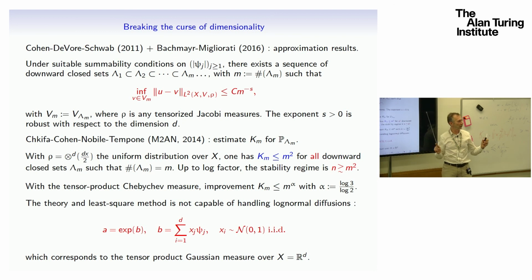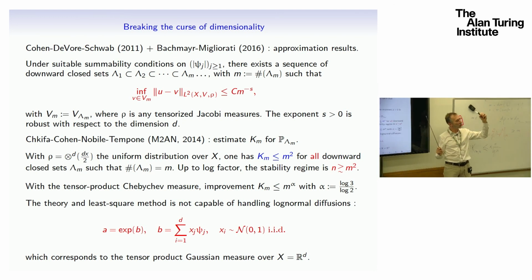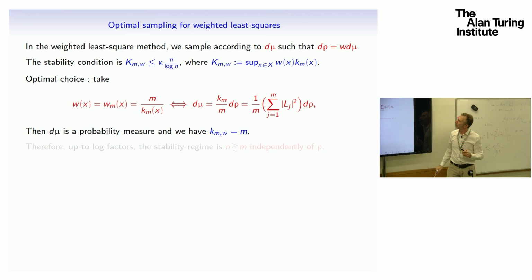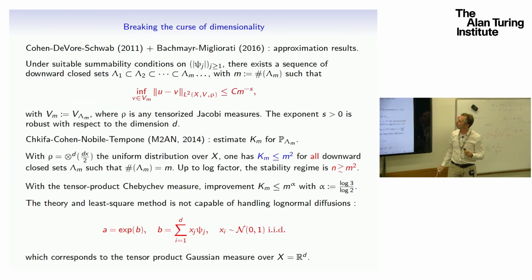This is sometimes used by engineers to model very sharp contrast in the diffusion coefficient. Then you are exactly facing the same problem. You cannot handle the Gaussian measure. Okay, right.